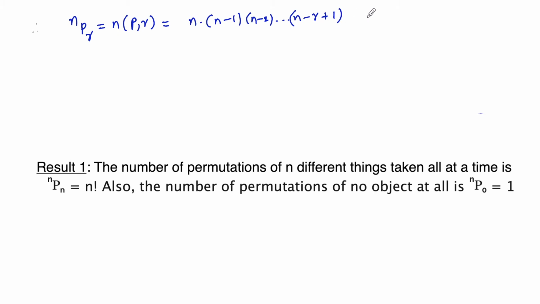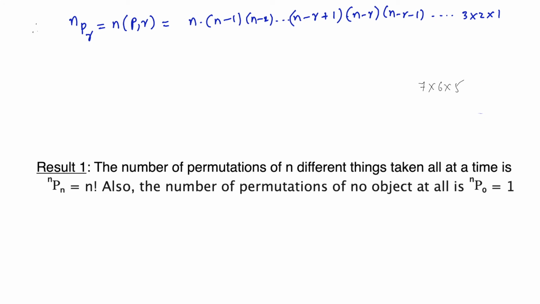If we decrease the numbers, the next number will be n minus r plus 1 minus 1, that is n minus r, and the next number can be taken n minus r minus 1, and so on up to 3 into 2 into 1. Just like, I will give an example. Suppose we have written here 7 into 6 into 5. To make this a 7 factorial, what is necessary?